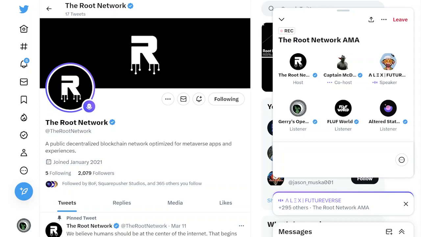Of course. You touched on exchange listings there. I know we can't go too much into that just in terms of the nature of that entire process. But is there anything that you can discuss in terms of decentralized exchanges for the Root network?